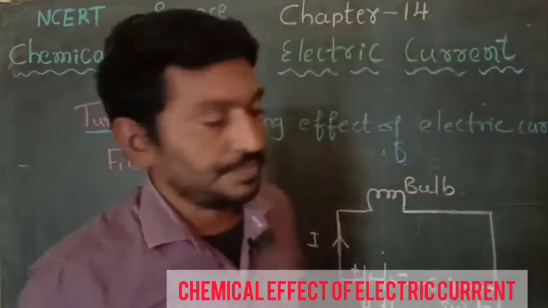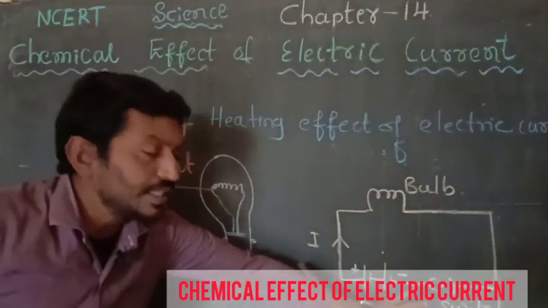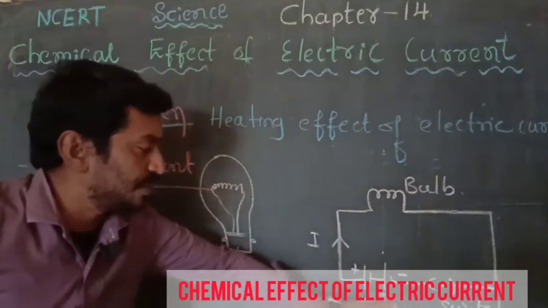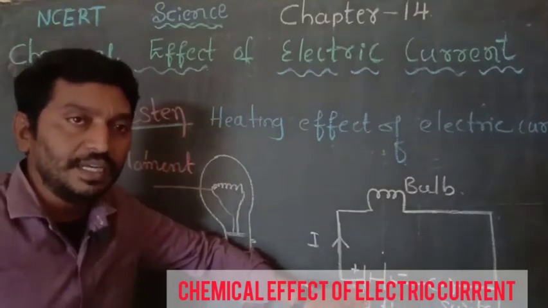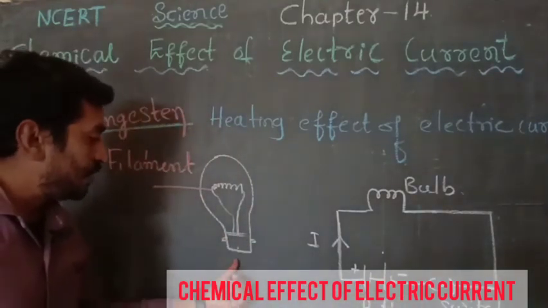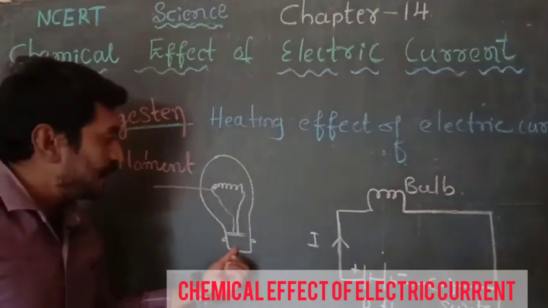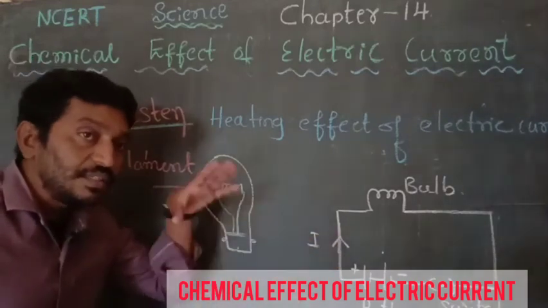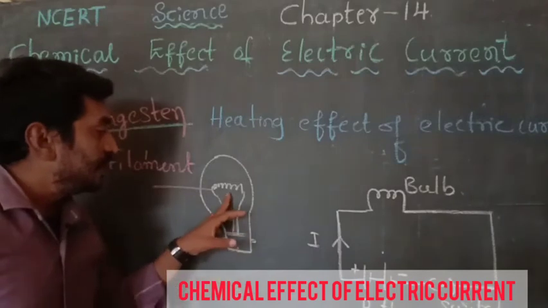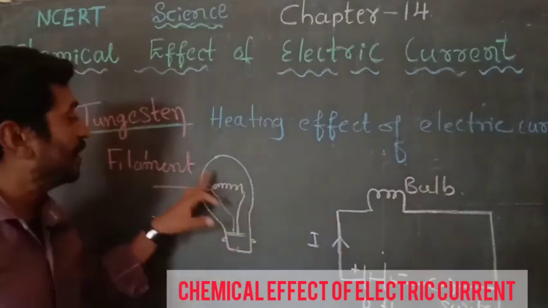What happens when electricity passes through the circuit or conducting material? It passes through the bulb, then the electricity increases the temperature of the filament.